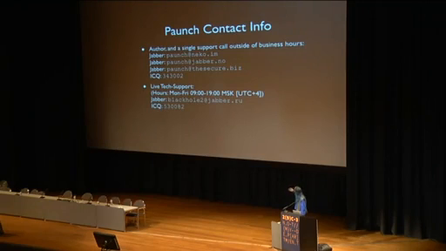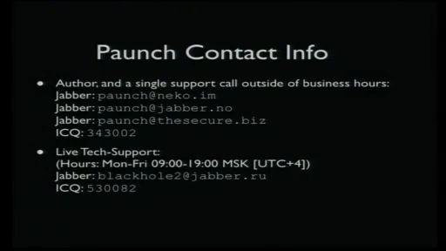Basically, he does live technical support or customer support for the people who purchase or rent his exploit kit. The official support is this contact. But if it's an emergency and you need to talk to him on the weekend, that's his personal contact.